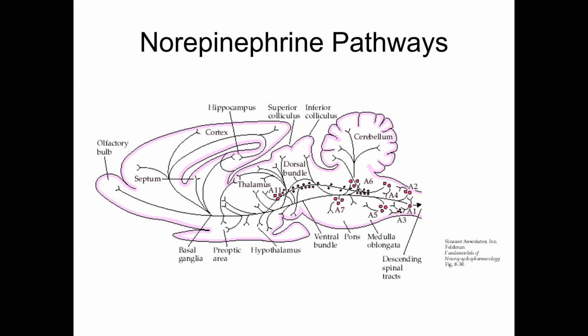And these outputs of the pericanalicular gray now go out into the sympathetic ganglion.